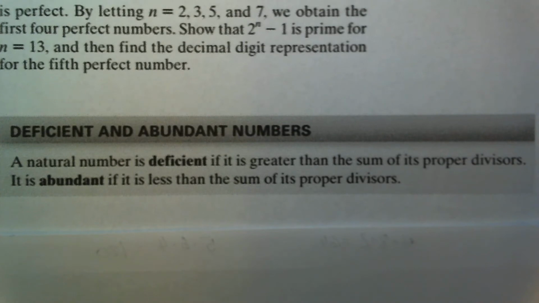The next topic is deficient and abundant numbers. So a natural number is deficient if it is greater than the sum of its proper divisors, and it is abundant if it is less than the sum of its proper divisors.